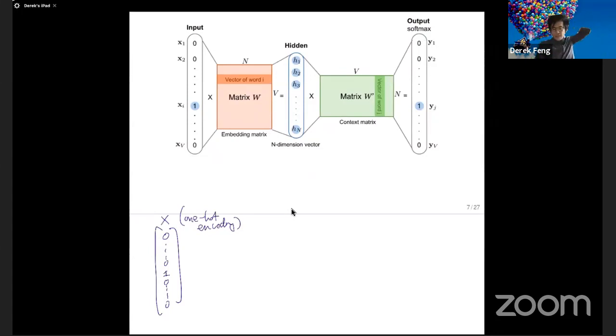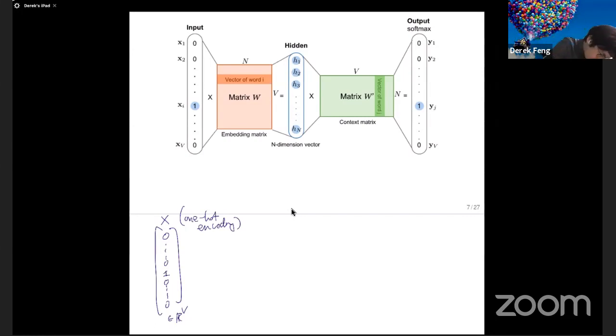So X here is a vector, just a one hot encoding of the context, an R to the V vector. All that's going to do is extract the particular row or column of my embedding matrix.